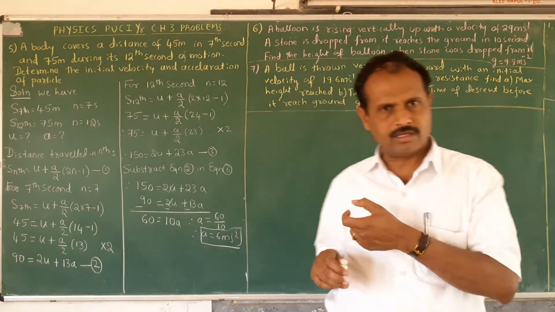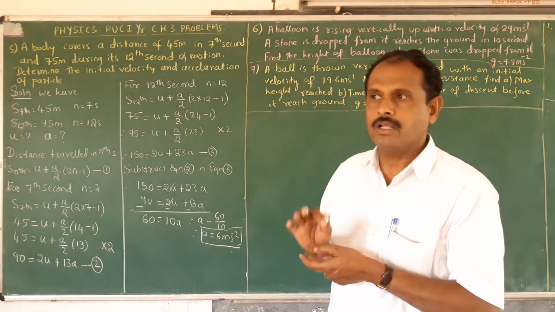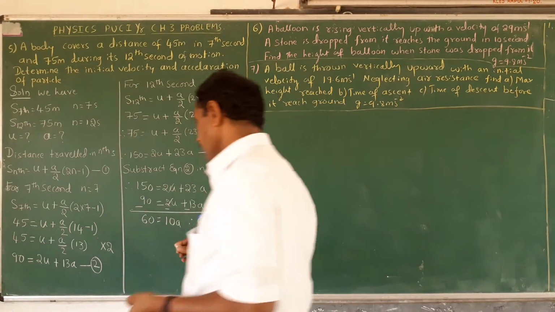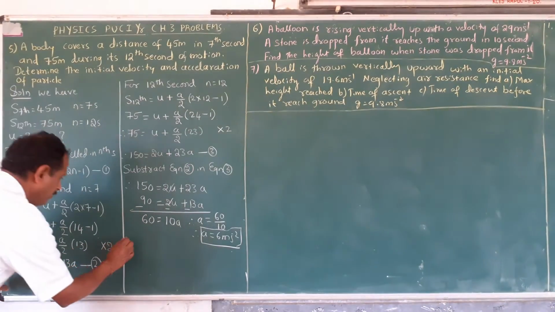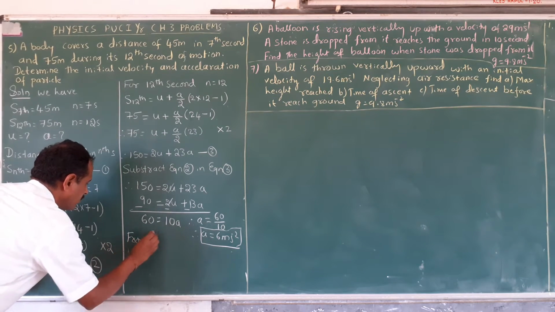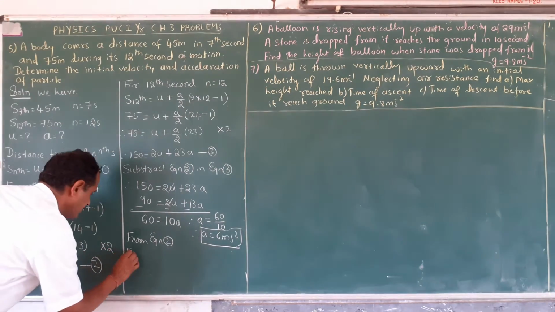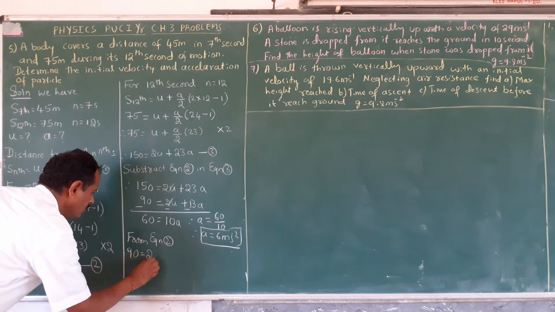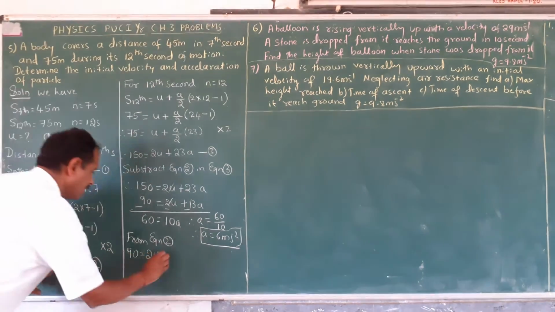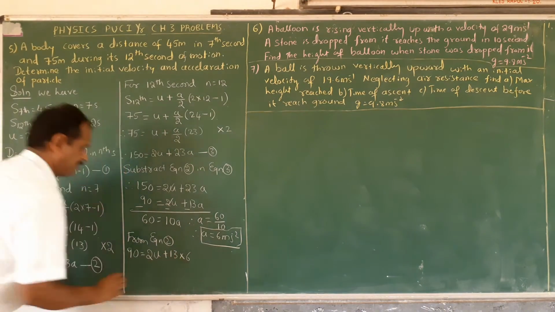Now you calculate the initial velocity. In any one of the equations, you substitute the acceleration. From equation number 2, you substitute a. 90 is equal to 2u plus 13 into 6.